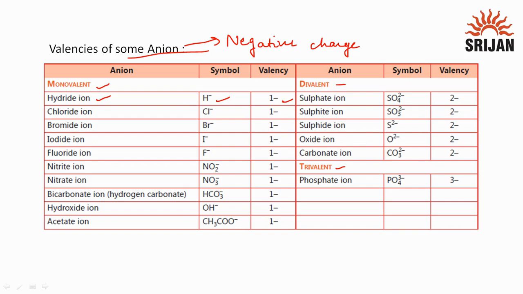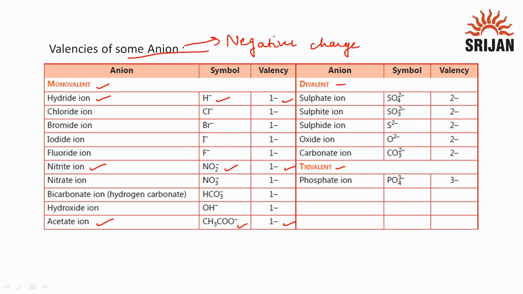Now the nitrite ion, NO2-, has one negative charge, that is its valency. And the acetate ion, CH3COO-, has a valency of 1-.